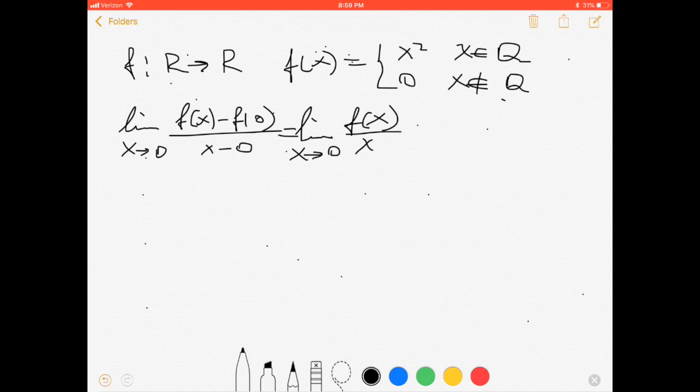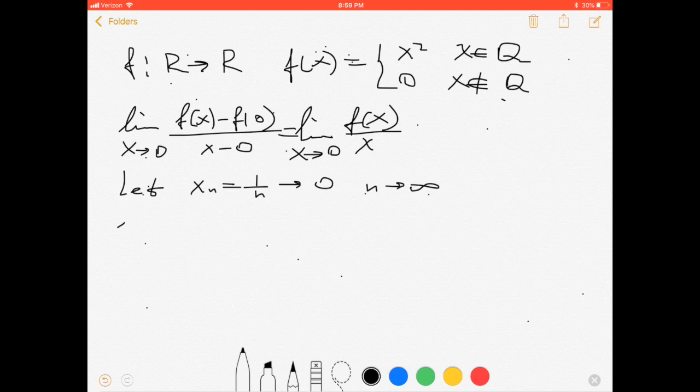We remember that if we have a function, we can build a sequence that approaches the same number and see what we get. Here we have two sequences, for example. Let x_n equal 1 over n. Then 1 over n approaches 0 as n approaches infinity, and it is a rational number.